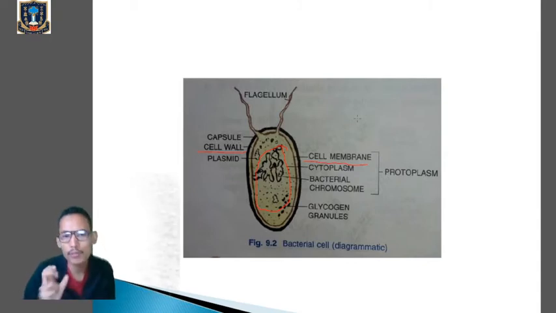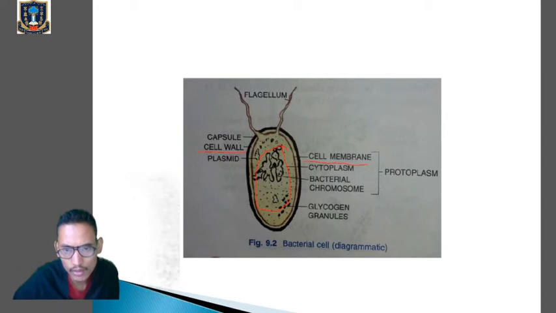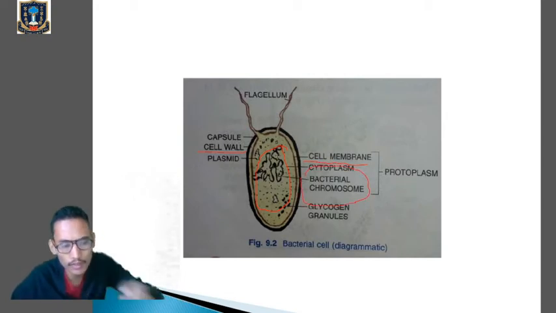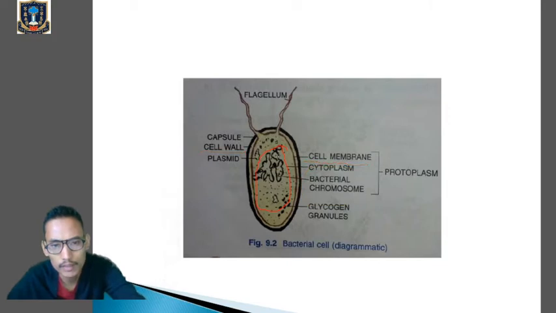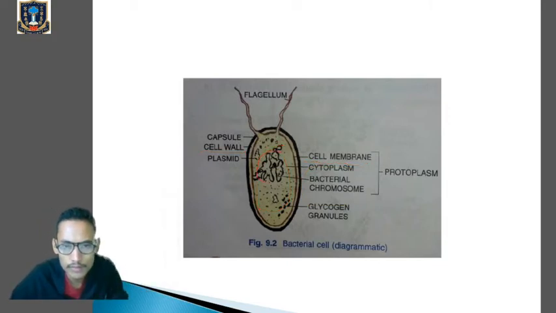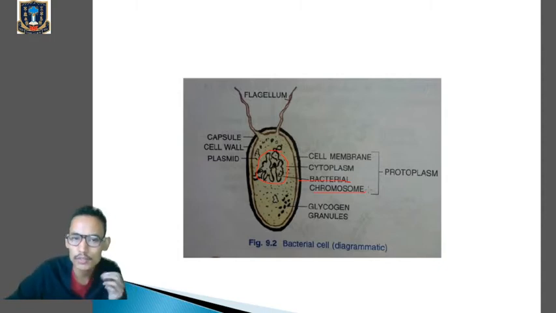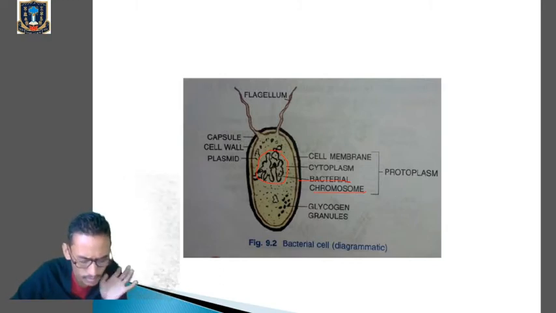This is very important. You can see over here the bacterial chromosome. This central structure is the bacterial chromosome. There is no well-defined nucleus and no nuclear membrane, so the bacterial chromosome is present in the center of the cell.